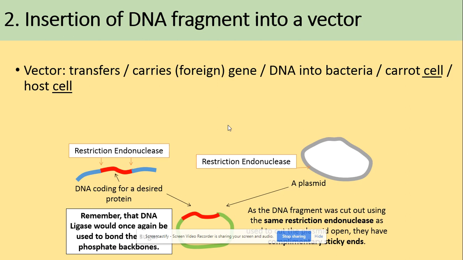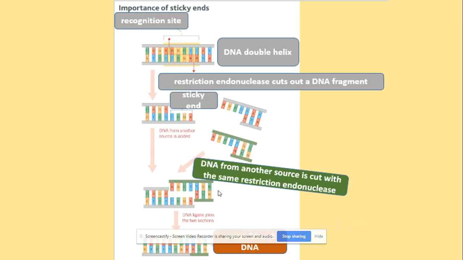So how can we join them together? We can do it by using an enzyme called DNA ligase. DNA ligase is an enzyme that will join those sections of DNA and produce the bond. So how does it work? Remember, we had a DNA of our interest. That was a double helix. We've used the restriction endonuclease to cut this DNA and produce the sticky ends.